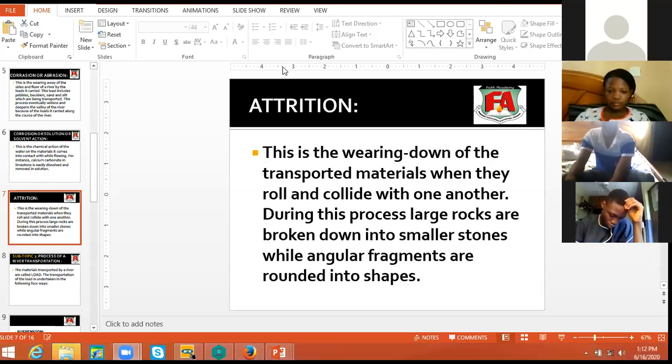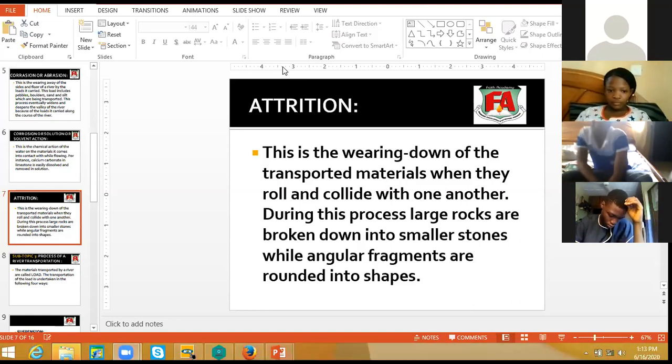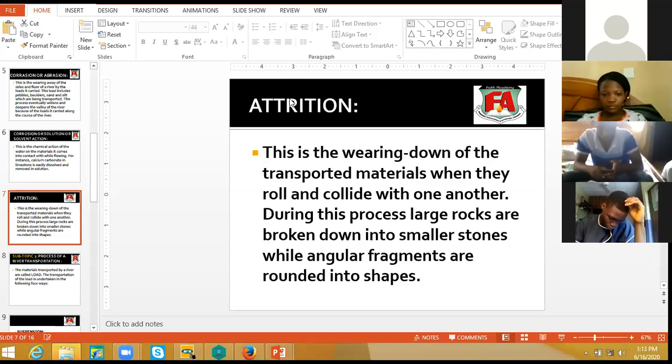Also, the sugar cubes you have, if you turn them from one cup to another, they rub on each other, reducing the size and shape of each other. Some have a round shape and some are broken down into smaller particles. This process is known as attrition.